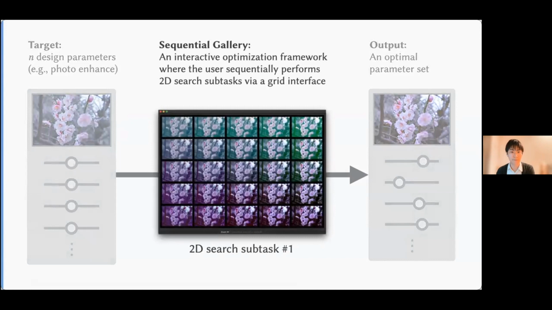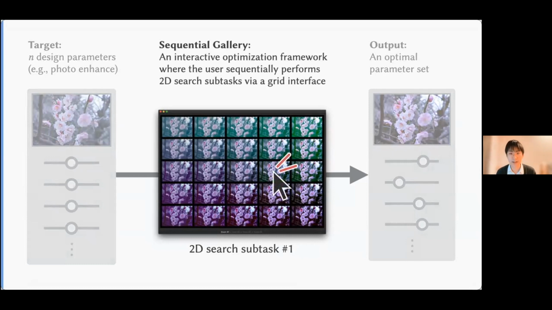First, the system shows options to the user using a grid interface, like this one, and then asks the user to choose the best option in this grid based on the user's preference.